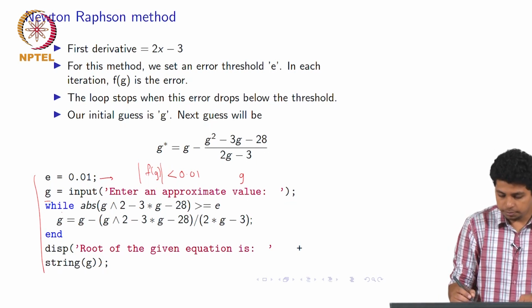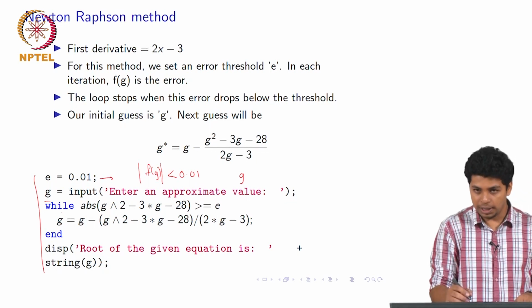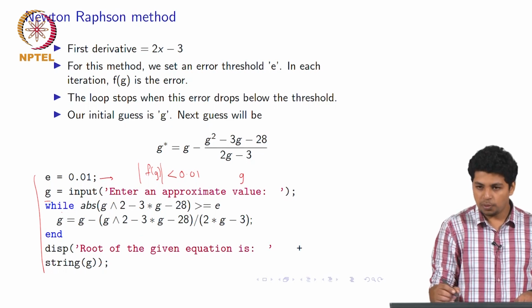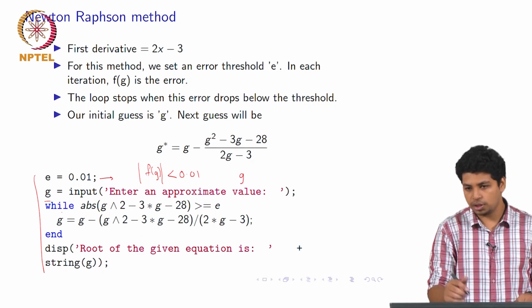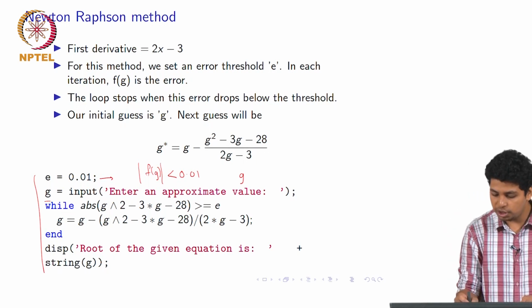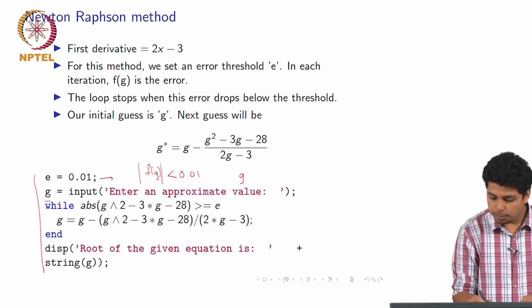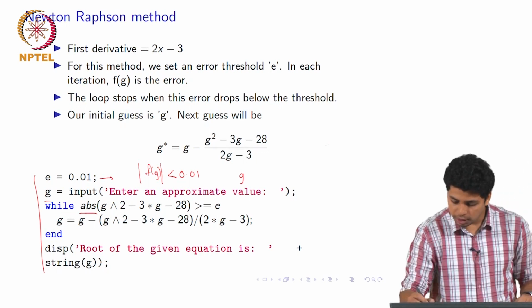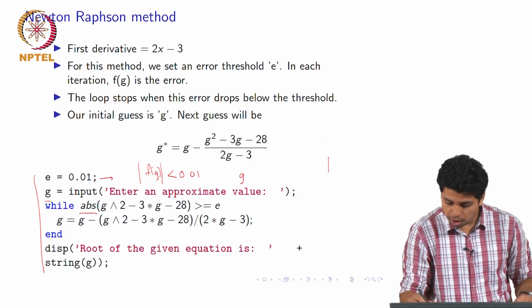So remember, the condition that you put for while is such that when the condition is false, the execution stops. So we put a condition which is true, right? So we put the absolute value. The way we enter mod of x in MATLAB is we would use this function, absolute value of x. This will give us the mod of x.